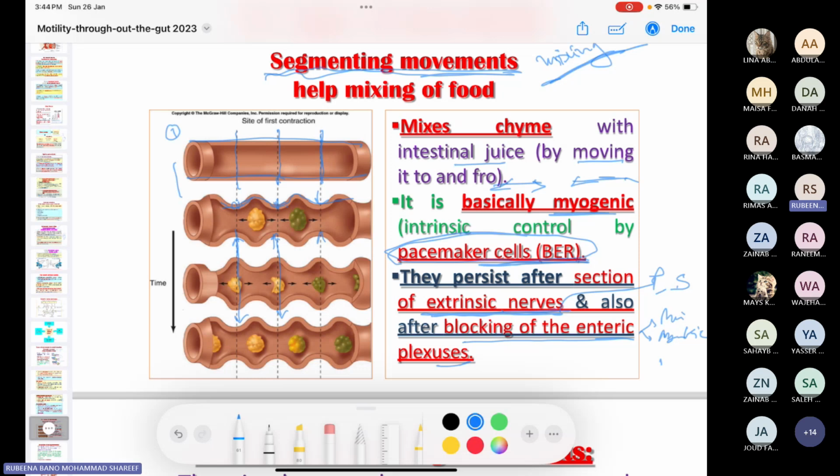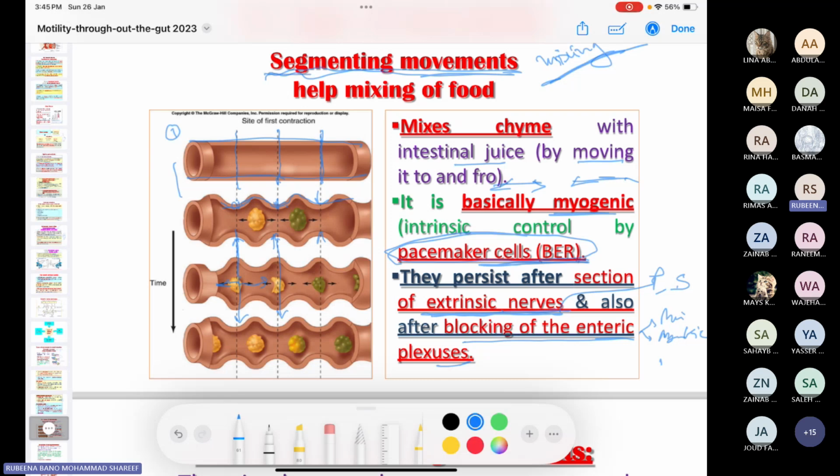The food moves to and fro, and there is no propulsion of food, but mixing is occurring in the small intestine. The chyme present in the intestine thoroughly mixes with the intestinal juice. So this is the segmenting movement or mixing movement.